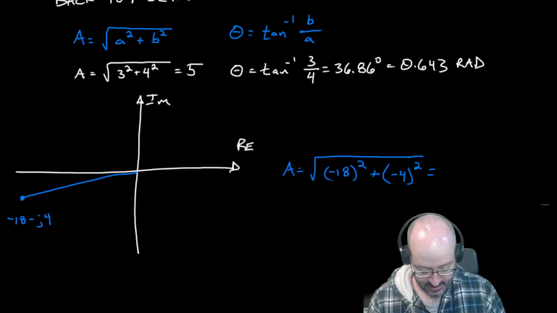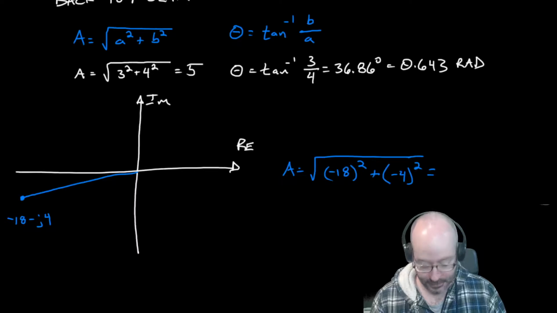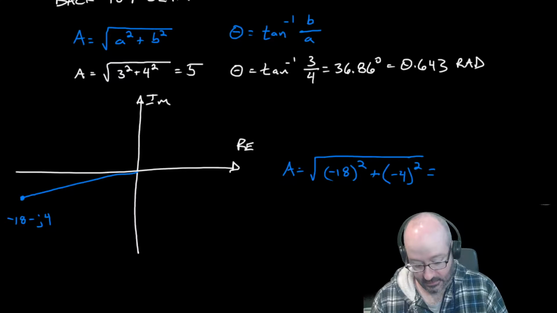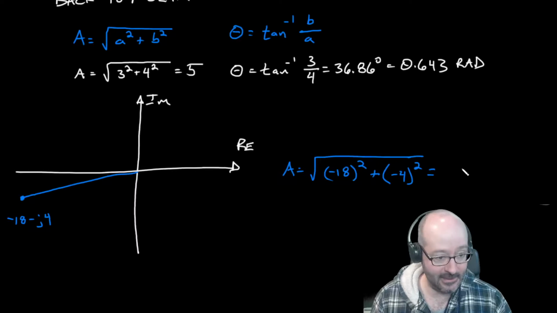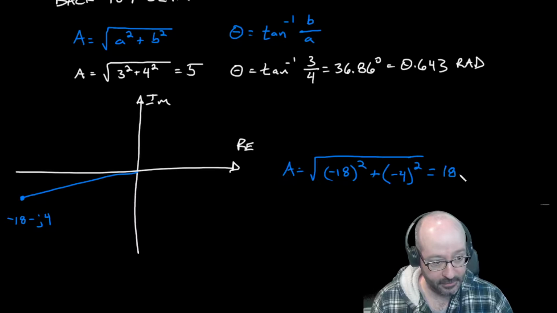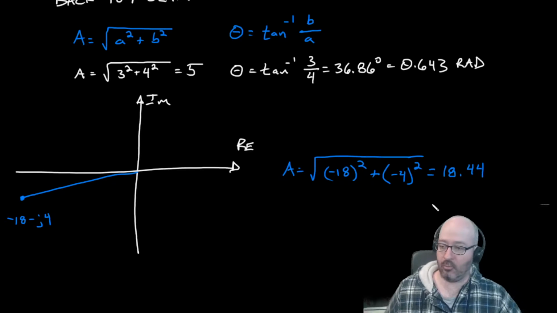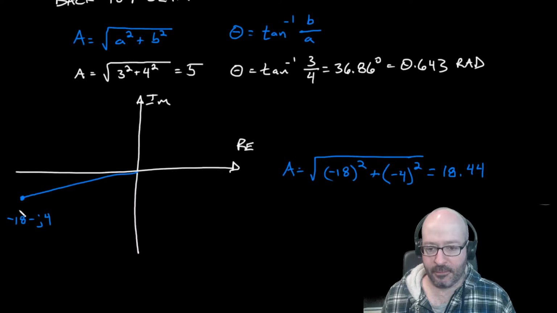So we're going to get -18 squared plus -4 squared. Okay, we're going to take the square root of that. And we're going to get, I'm rounding a little bit, 18.44. Okay, whatever unit it is, whatever we're measuring with this.